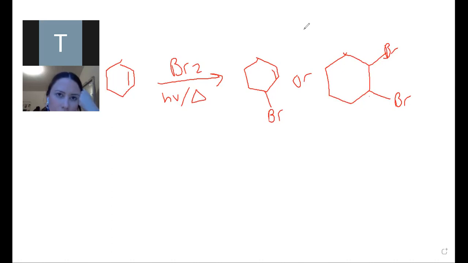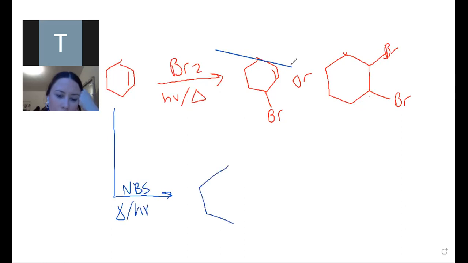However, if I hit it with NBS and light, or heat, now I will only get the allylic position and I will keep the double bond. I don't get that other product. Okay. Does that make sense? Yes. So the best part about this is that I keep my double bond, I add a halogen, life is worth living.